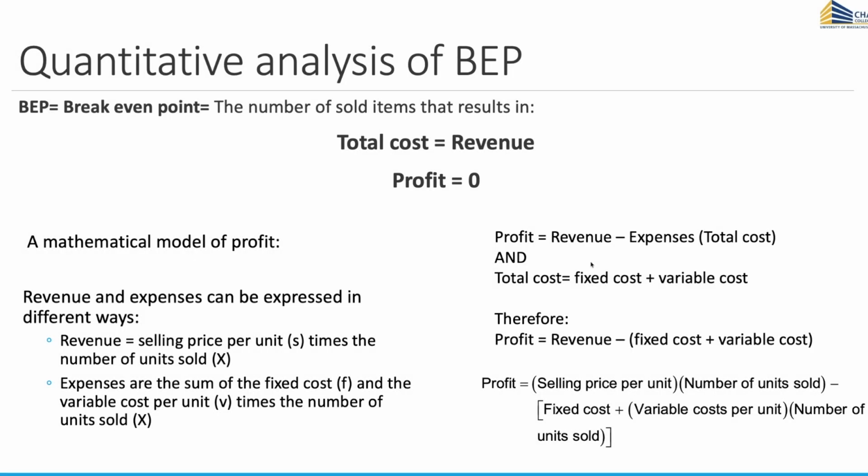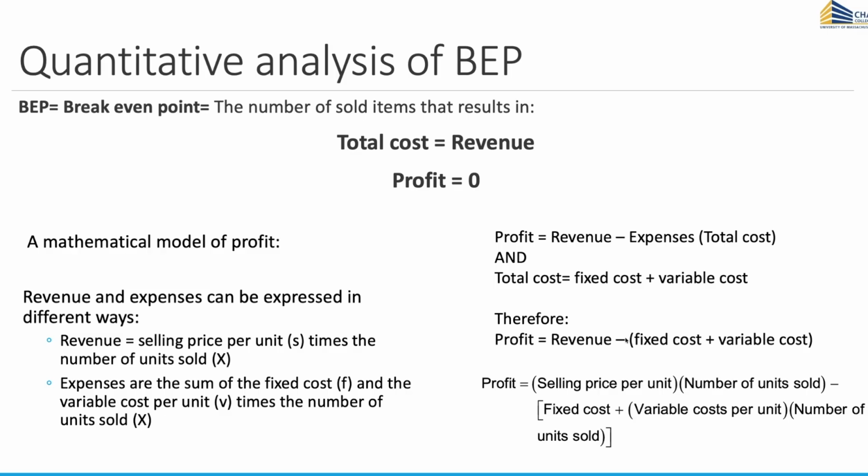Let's look at the profit side. Profit is calculated by subtracting the expenses or total cost from the revenue. When we say at break-even point profit is 0, it means that revenue and total cost are the same. Revenue comes from selling price per unit multiplied by number of units sold.